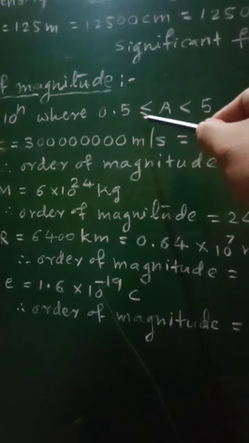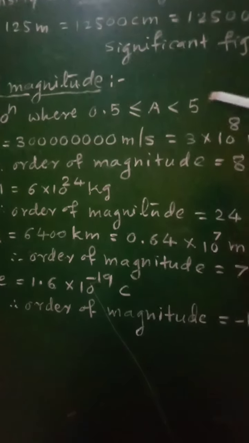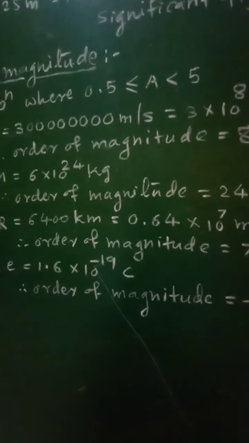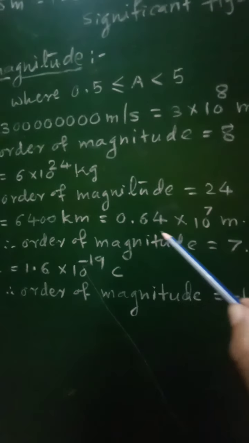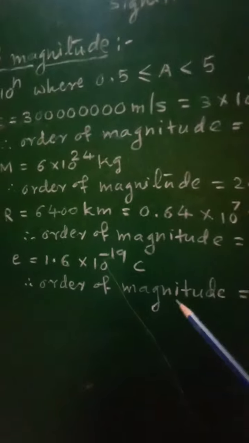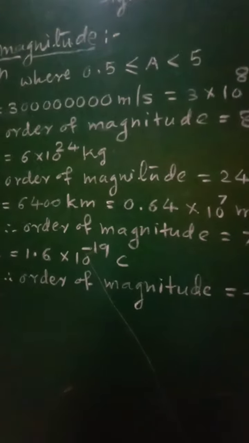It must be 0.5 less than or equal to A less than or equal to 5, and 0.64 fulfills this condition, and therefore it is written as 0.64 into 10 raised to 7 meter. Hence the order of magnitude will be equal to 7.